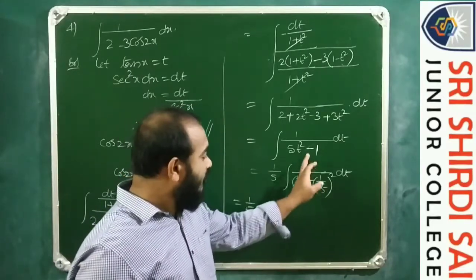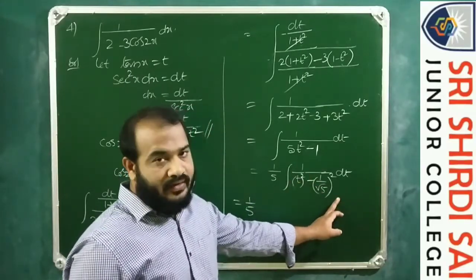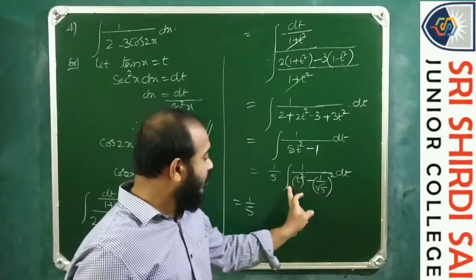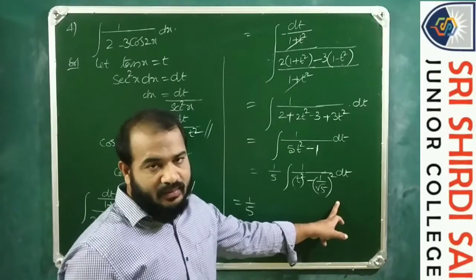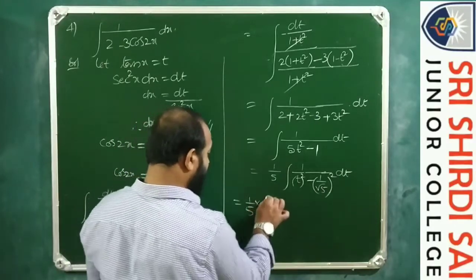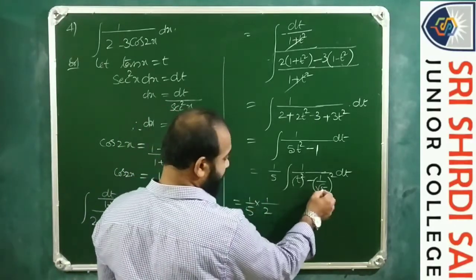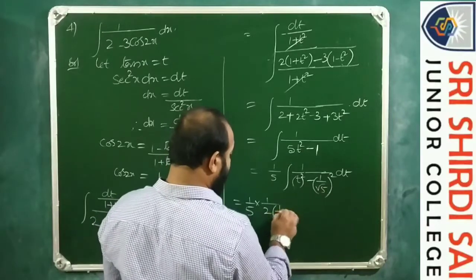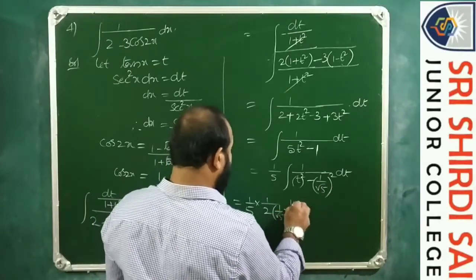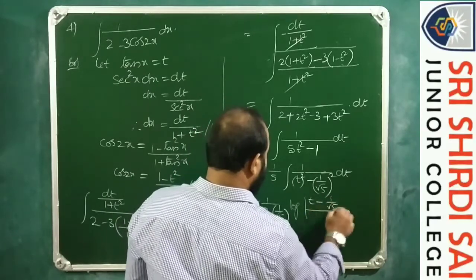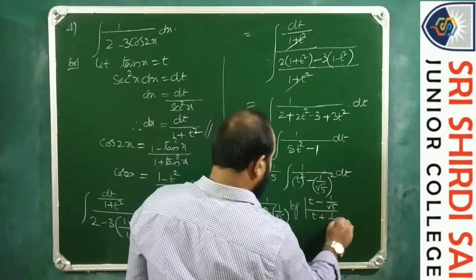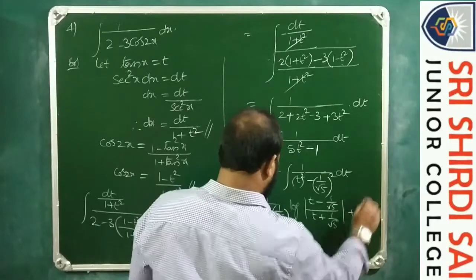So we have the formula: integral 1 by x square minus a square is 1 by 2a log mod x minus a by x plus a. So 1 by 2a, where a here is 1 by root 5, log t minus 1 by root 5 by t plus 1 by root 5, plus constant of integration c.